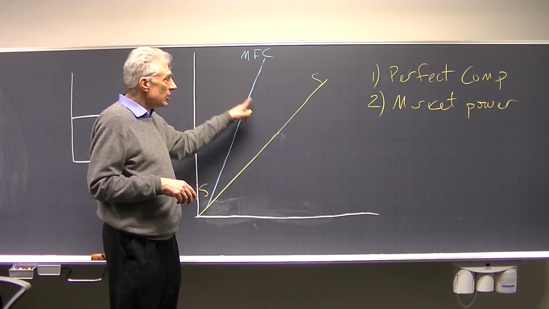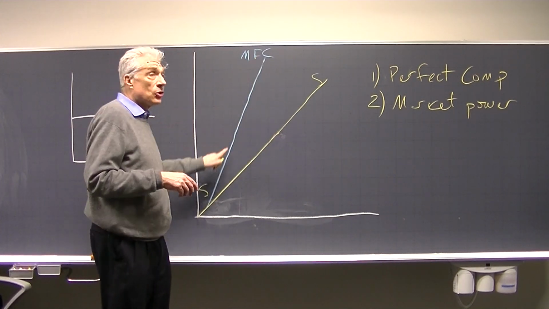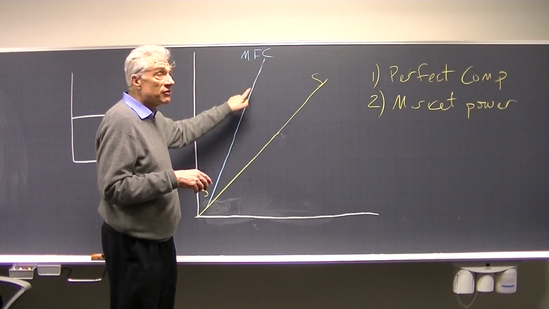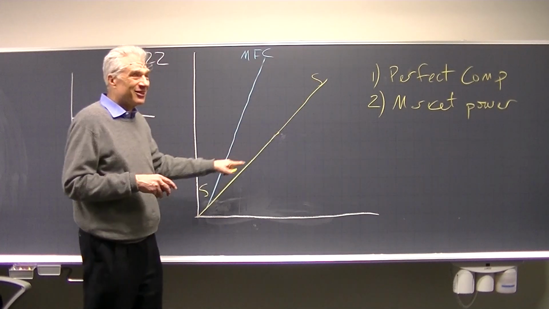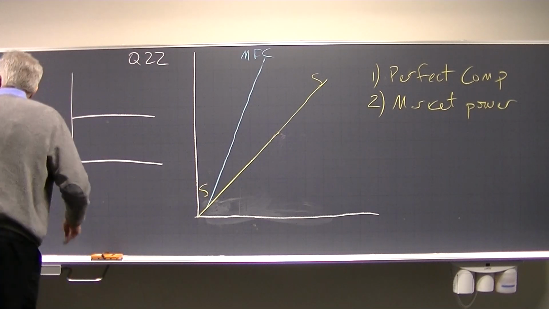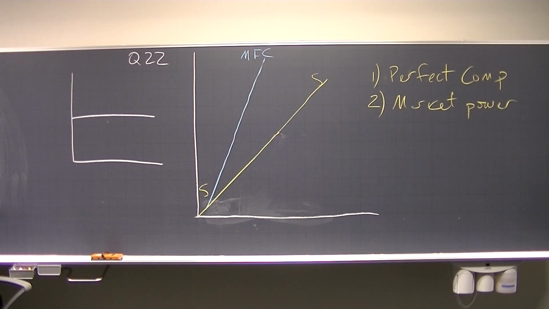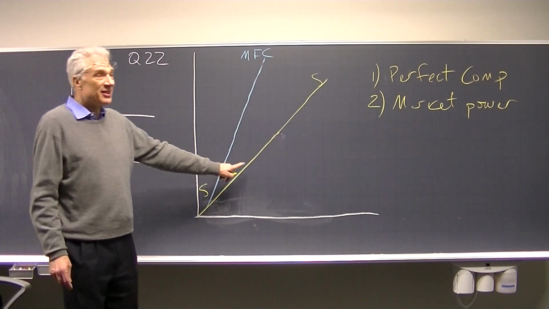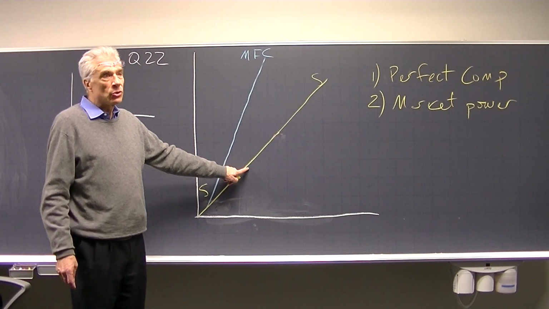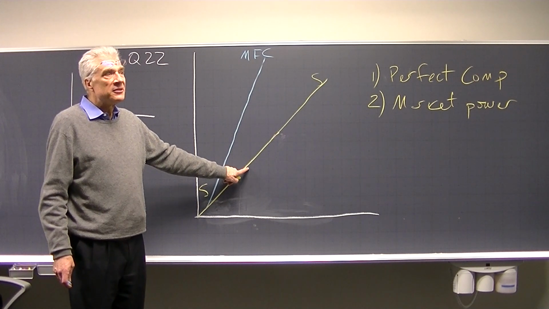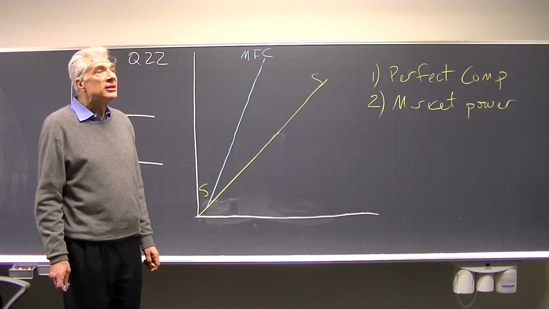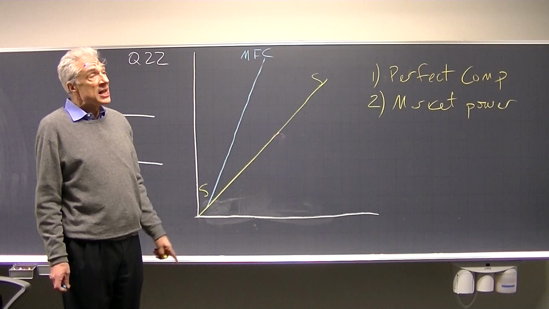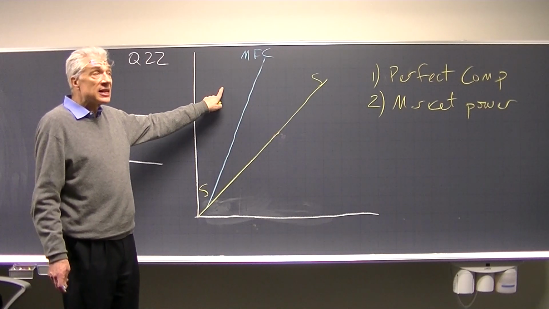This represents the control that they can have on the marginal factor cost. It's more steep than the supply curve, just as the marginal revenue curve is more steep. That's the control that they can have, and that gives them the market power. That's where their market power in terms of the factor cost comes from.